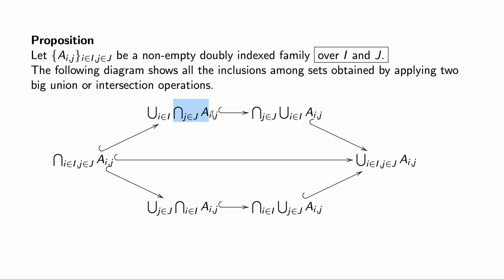When I apply my first operation, such as an intersection, the result is a singly indexed family of sets. And then applying the next operation produces a set. So doubly indexed family, singly indexed family, and then just a set. And the diagram shows inclusions which hold between the resulting sets.